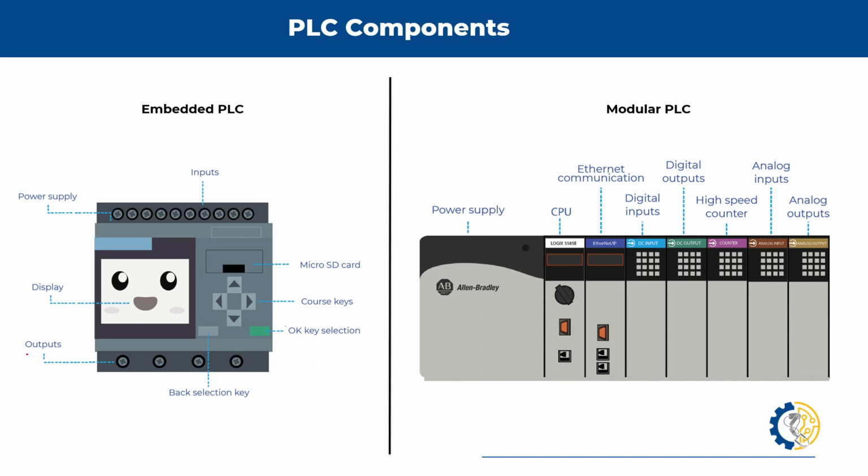Outputs. We had said that our output devices are integrated in our embedded PLC. Now on this part, we have it here on the bottom part. In our upper level, we have our outputs, and we're going to place them here. For example, these are relay type, okay? And they're different from these on the top part.